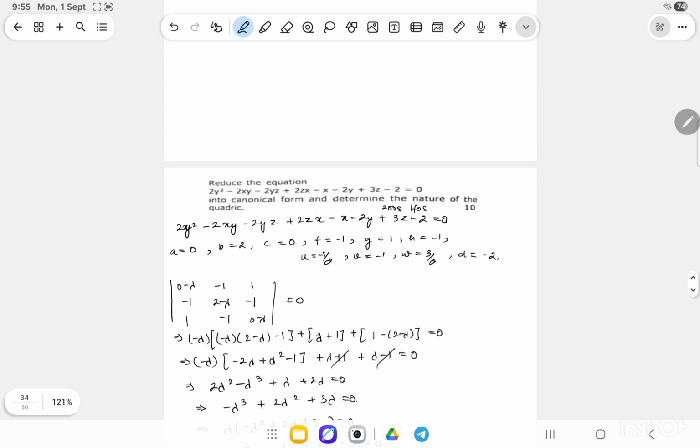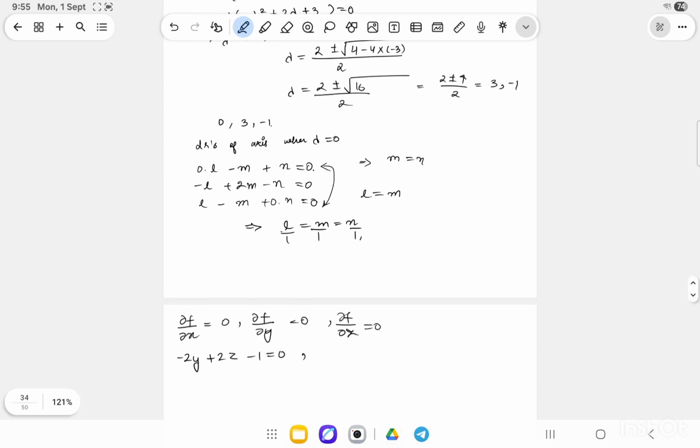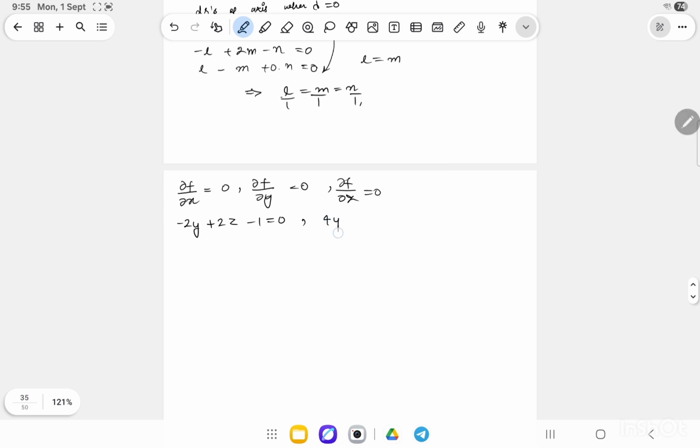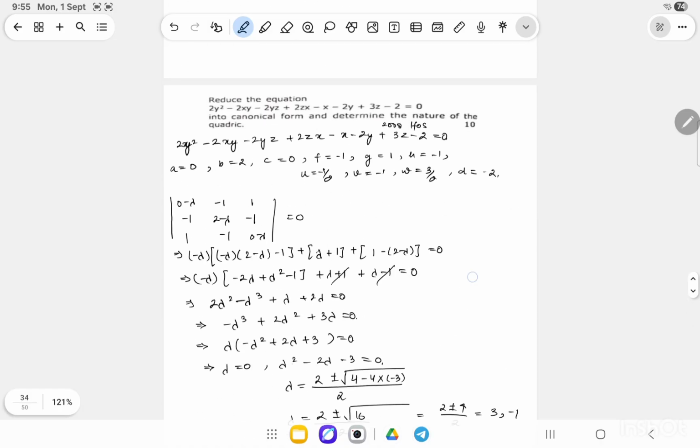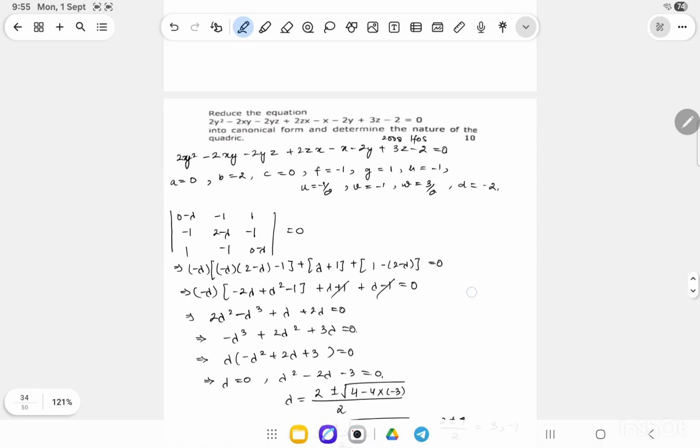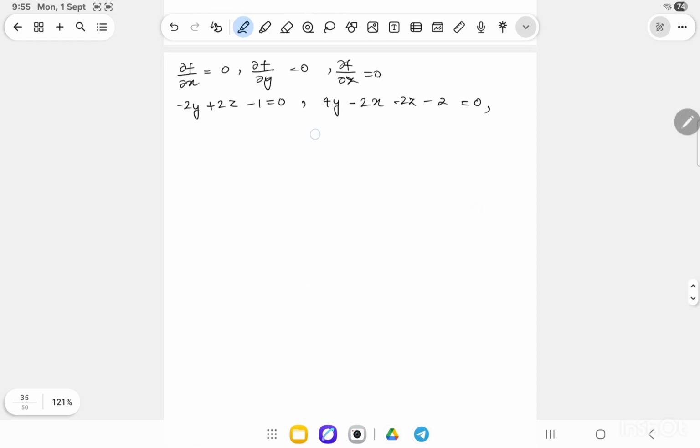Del f by del y will be 4y minus 2x minus 2z minus 2 equals to 0. And del f by del z would be basically minus 2y plus 2x plus 3 equals to 0.